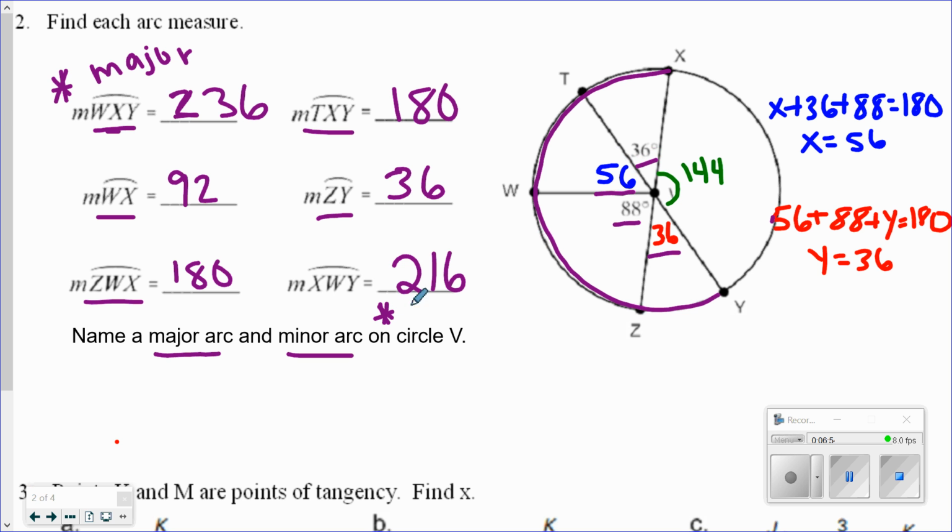We have this one right here, this would be a major arc. And then a minor arc is an arc that's less than 180. So I'll do a triangle here, we know that this one is a minor arc. And I'll do a triangle here, we know this is a minor arc.